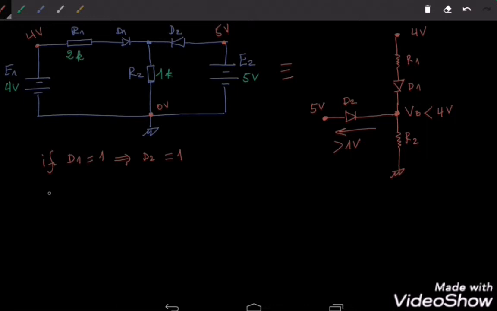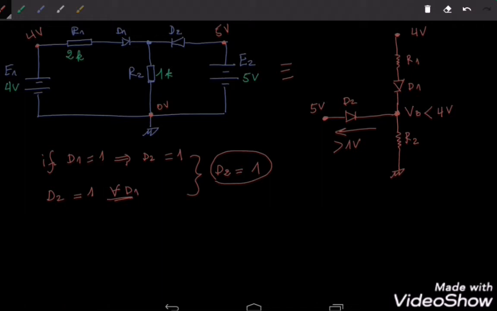So now I know that D2 equals 1 no matter the state of D1. Let me denote no matter the state of D1 by this expression, right? So what I conclude from this is that D2 is going to conduct definitely without any doubt. So D2 is equal to 1.